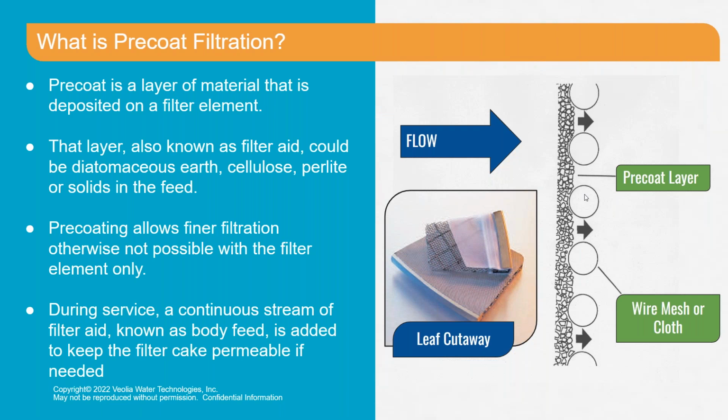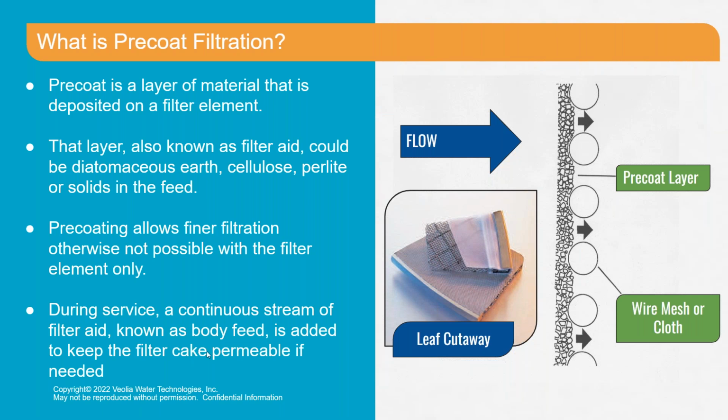Typically, we look for about a 1/8 inch of Precoat layer on the leaf, and this is usually achieved by putting in about 0.1 to about 0.2 pounds of Precoat per square foot of the filtration area of the filter. During service, sometimes you can also add a continuous stream of filter aid to the feed, and this is known as body feed.